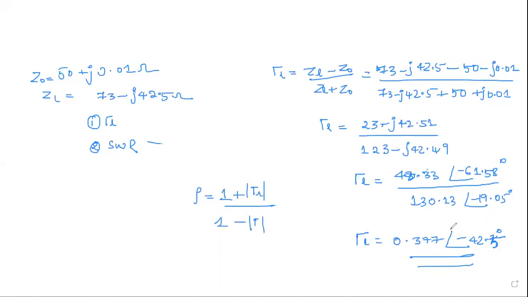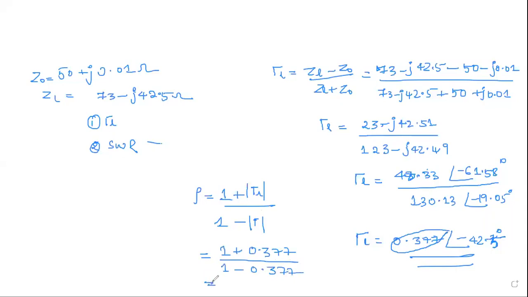When I say magnitude, you have to consider only the magnitude part, not the angle part. So the whole equation will be 1 plus 0.377 divided by 1 minus 0.377.